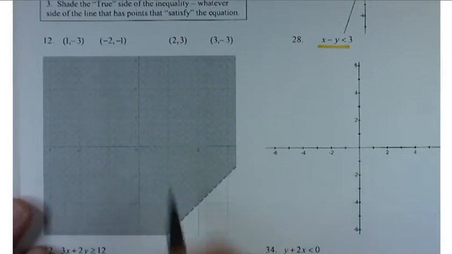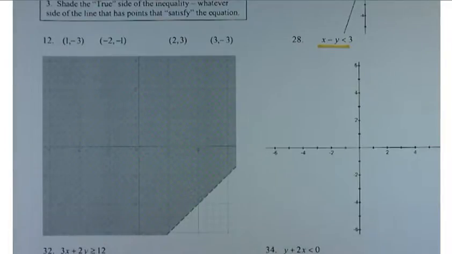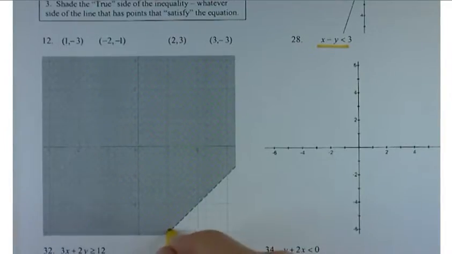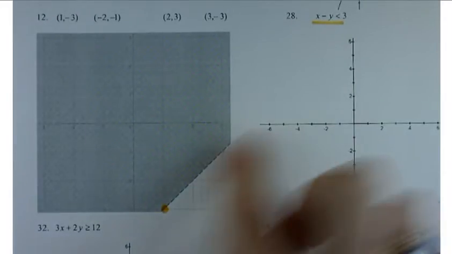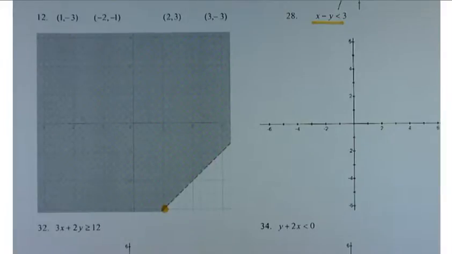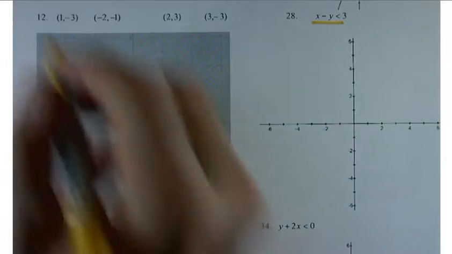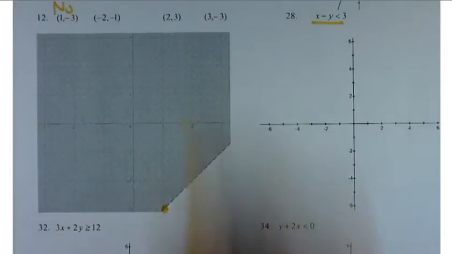That's right down here, right on the edge. But because I've got a dashed line and it's on the dashed line, it doesn't make this inequality true. It makes it false. It has to land in the region to make it true. So the first one is a no or a false.